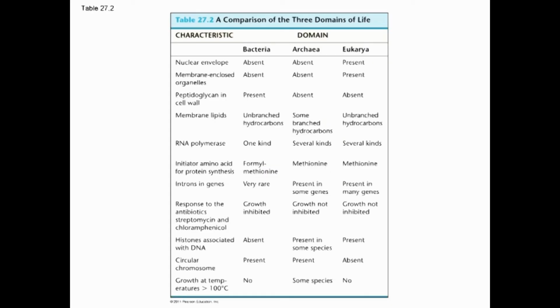In this table in your book, we've got a comparison of the 3 domains of life. So this kind of sums up everything for you guys. It tells about the nuclear envelope, membrane-enclosed organelles, the peptidoglycan in the cell wall, membrane lipids, RNA polymerase, which is the enzyme that polymerizes RNA, how protein synthesis is made, whether or not there are introns, circular chromosome, growth at temperatures above 100 degrees Celsius.